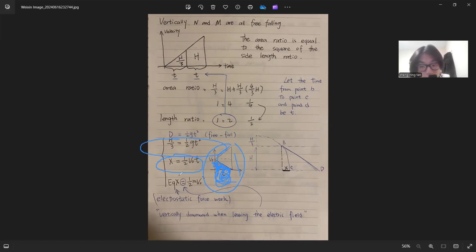In the third formula, because the horizontal kinetic energy of N is 0 after leaving the electric field, we can infer that the horizontal kinetic energy of N cancels out the work of the electric field, which is the same.